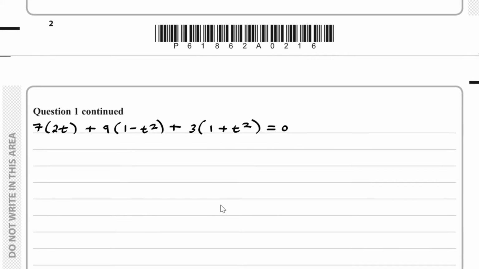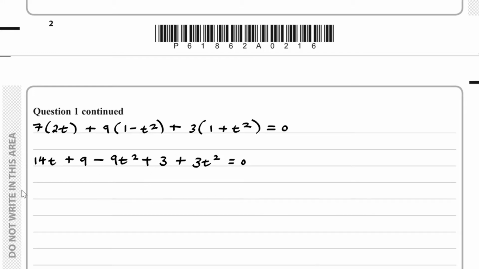If we expand and simplify, we have 14t plus 9 minus 9t squared plus 3 plus 3t squared equals 0.